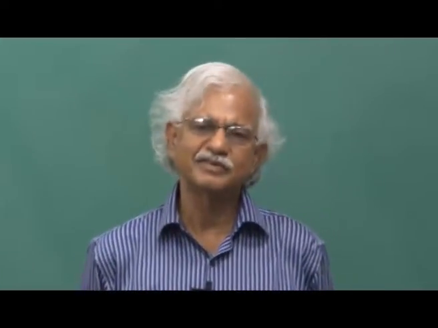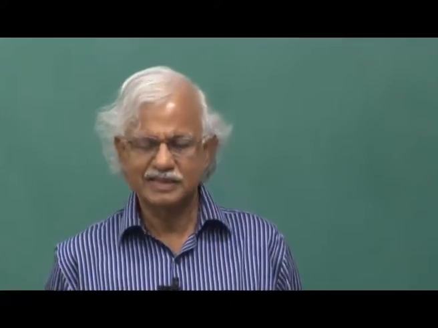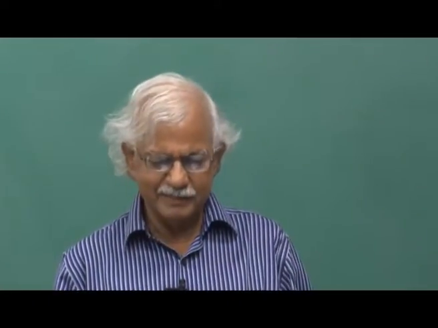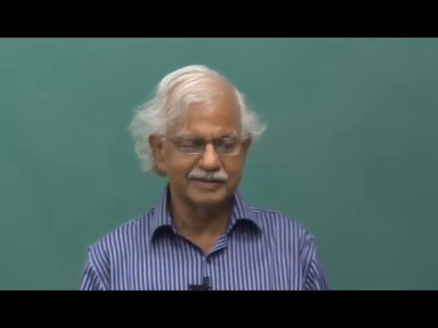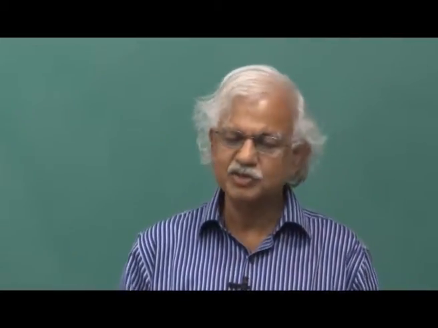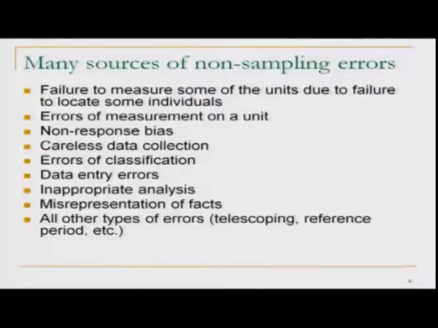It means all those errors which have nothing to do with the sampling part, sample design or sample size, are called non-sampling errors. There are many sources of non-sampling errors, and they include failure to measure some of the units due to failure to locate some individuals.